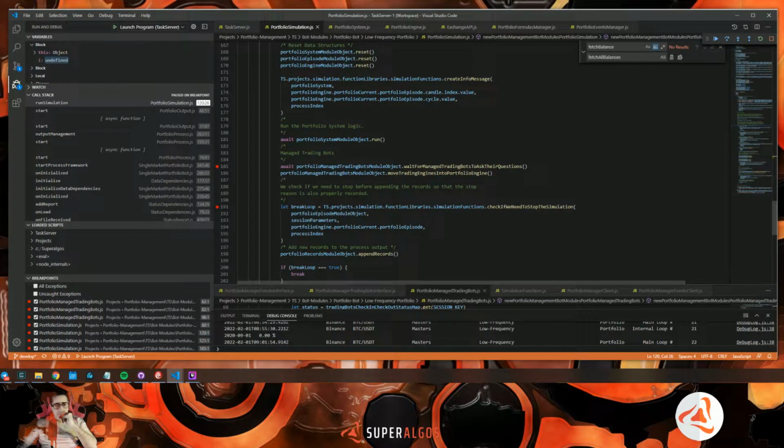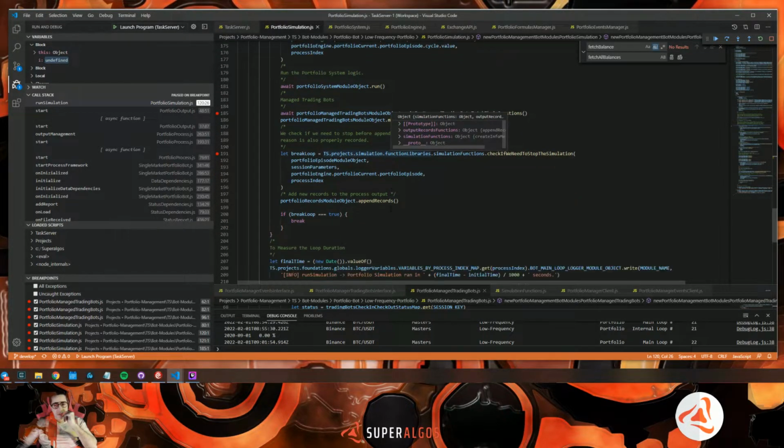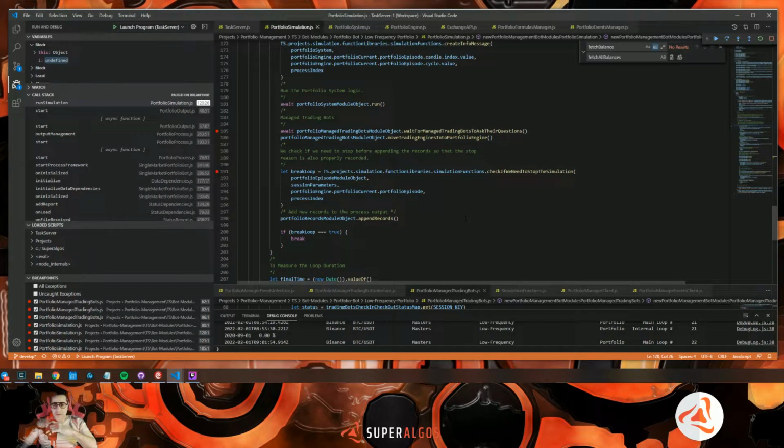So the problem might be here when we check if we need to stop the simulation. And I wonder if the trading bot is working or not, or how it works in these situations.